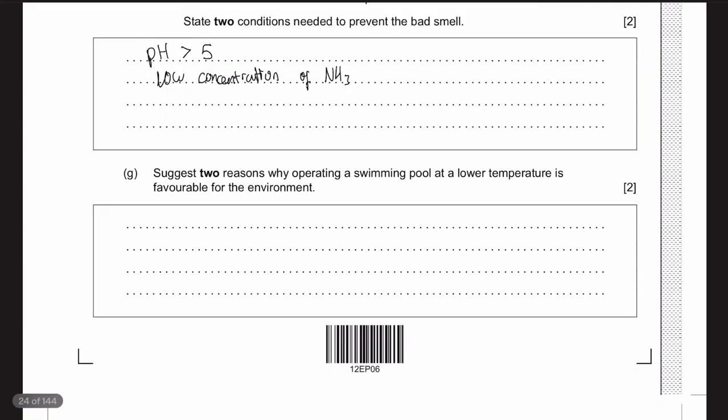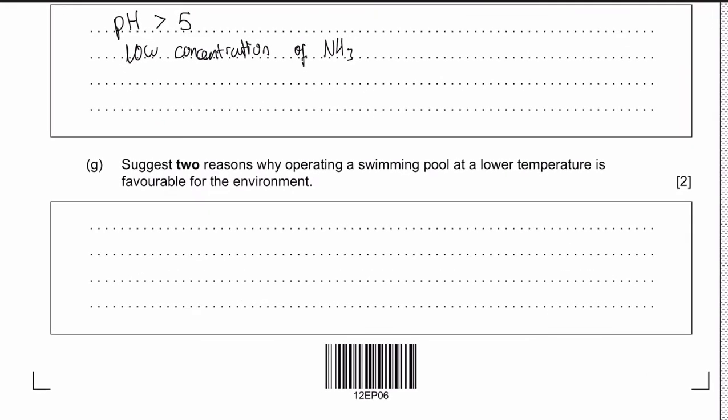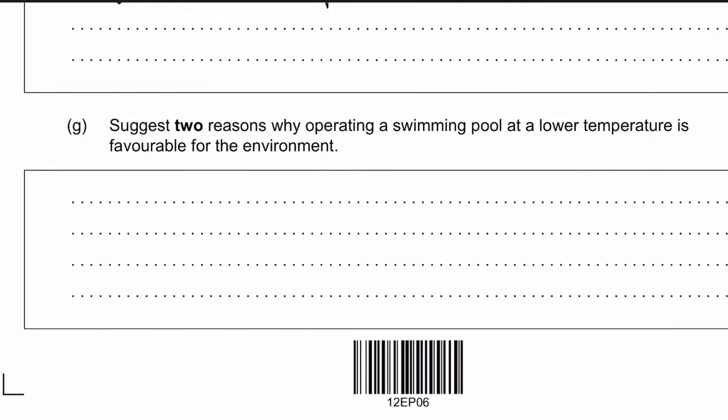So just two reasons why operating a swimming pool at a lower temperature is favorable for the environment. Why would this be favorable? Just off the top of my head, when they say environment, I would think of lower energy consumption, because it takes energy to keep it at a higher temperature, right? If you're heating the pool. Okay, what other reason at a lower temperature?